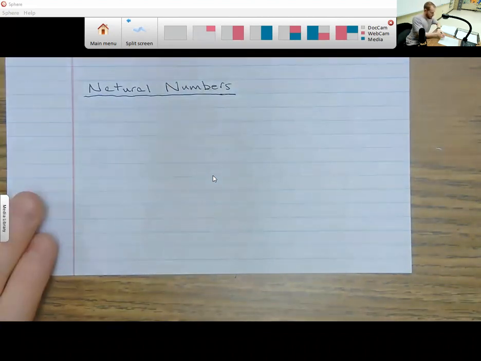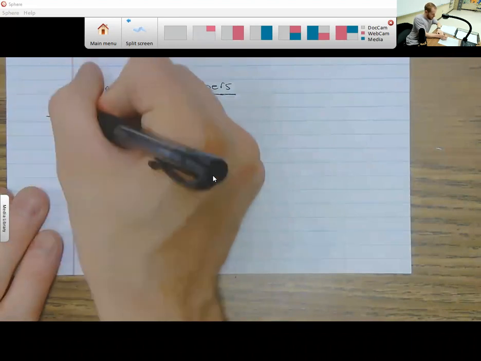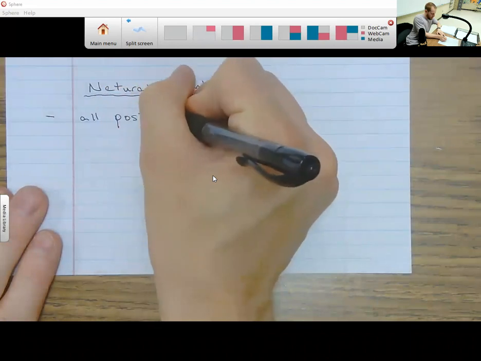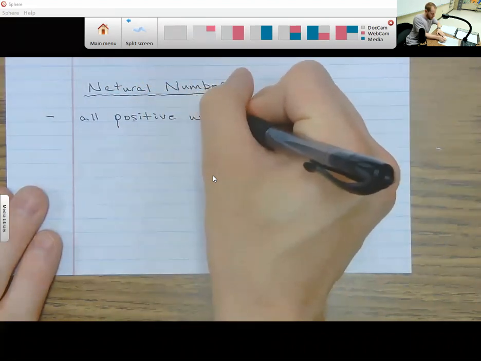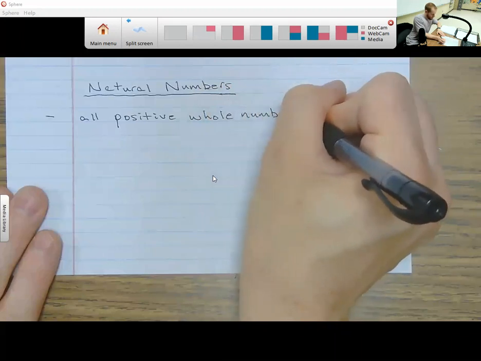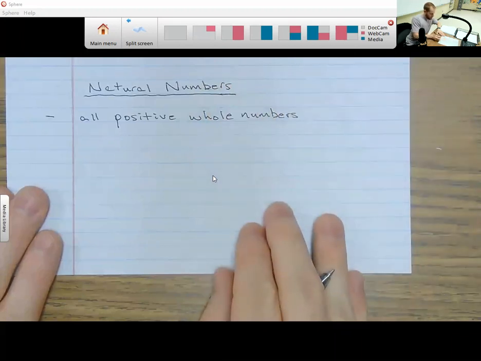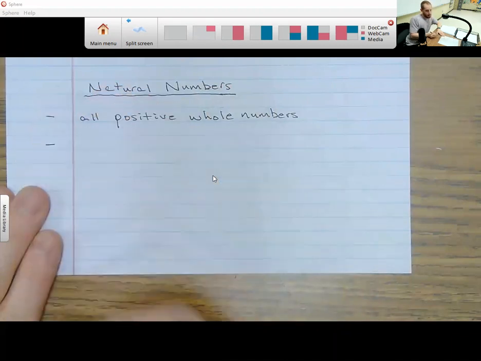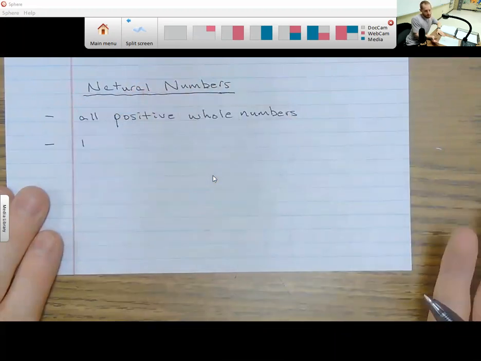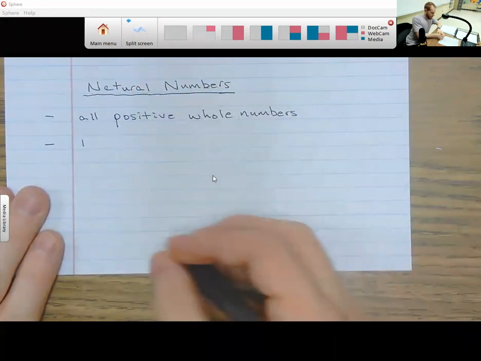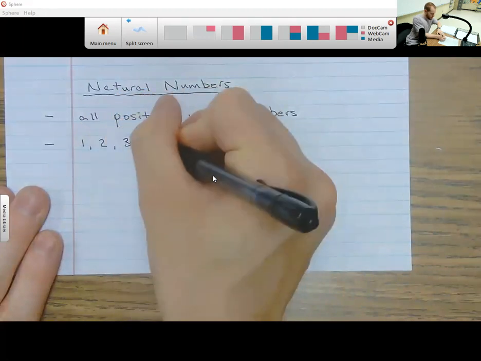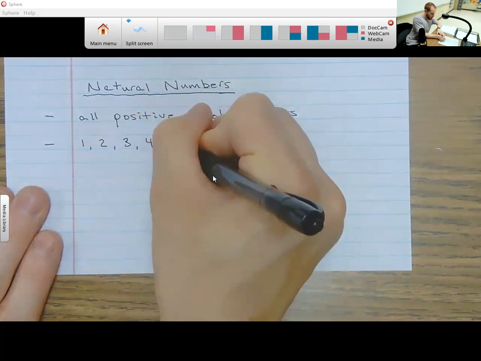The natural numbers is going to be all the positive whole numbers. So what are the positive whole numbers? Well, the first positive whole number is 1, right? We don't include 0 because 0 is not positive, right? So we're going to have 1, 2, 3, 4, and so on.